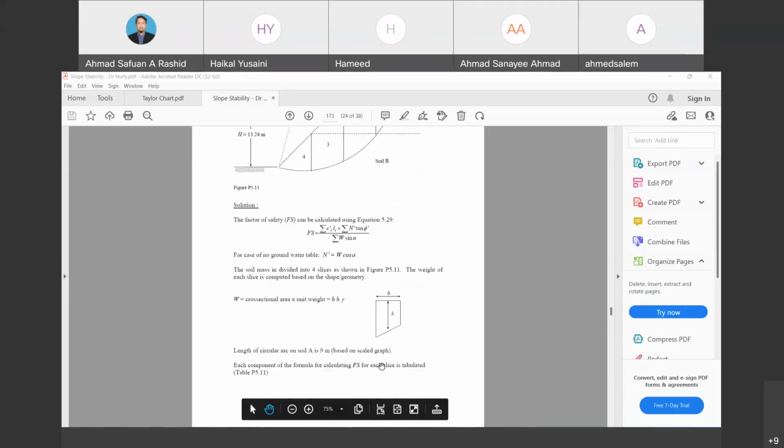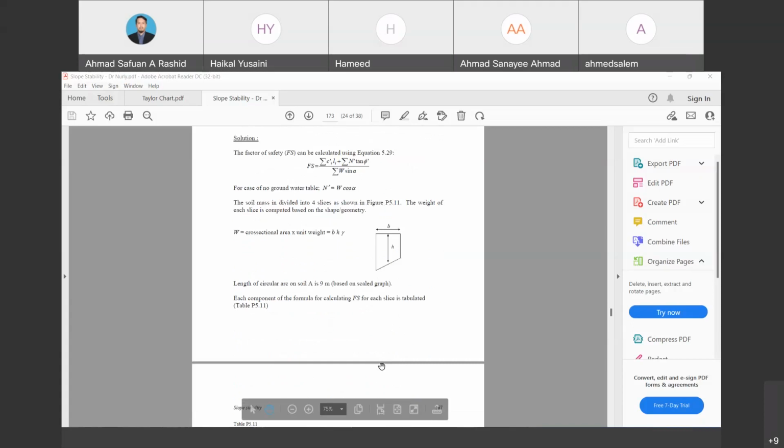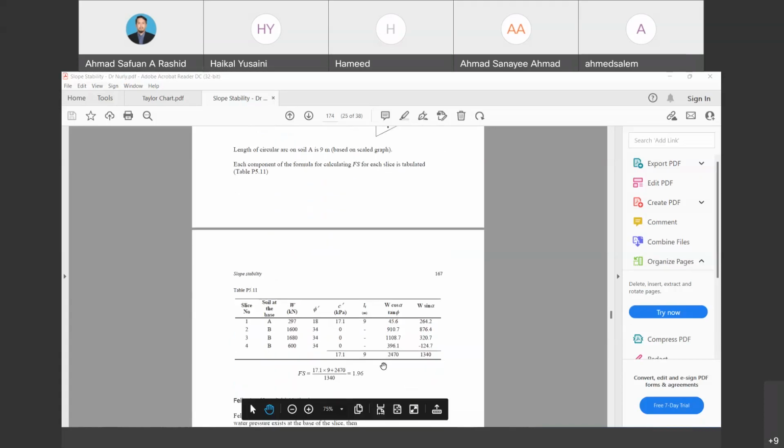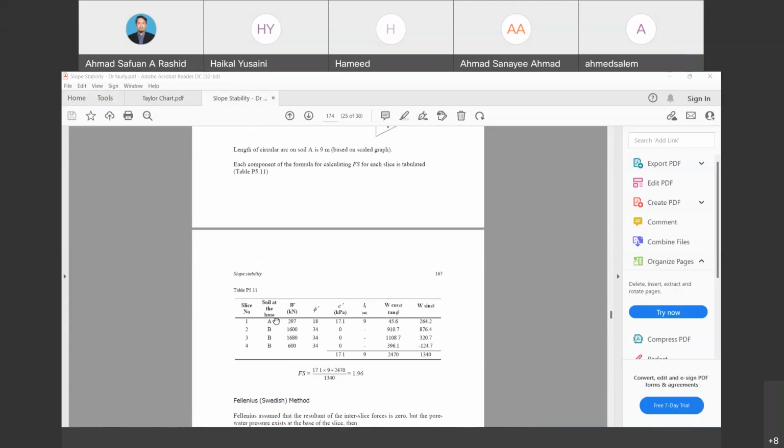Each component of the formula for calculating FS is tabulated in Table P5.11, so all the values have been put in this table. For example, slice number 1 has soil A at the base, and then we have B for slices 2, 3, and 4.